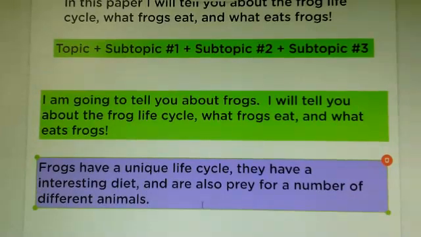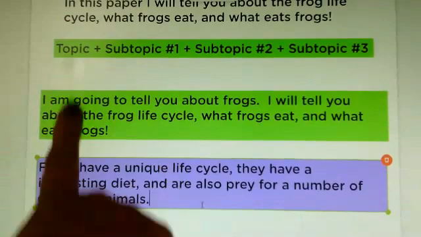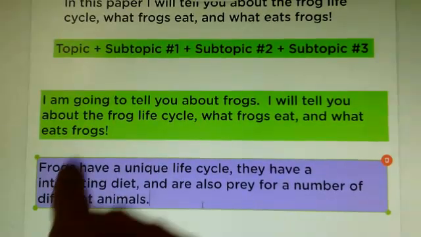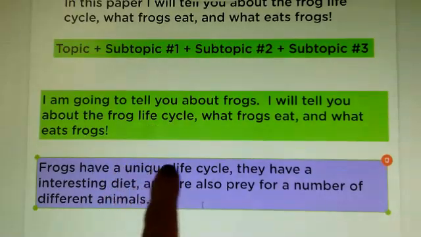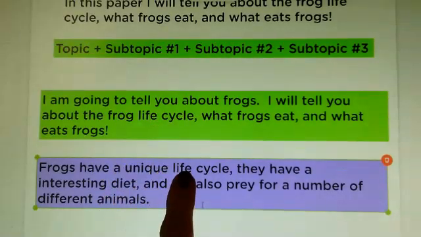All right, let's read that and see if it makes sense. Frogs have a unique life cycle. They have an interesting diet and are also prey for a number of different animals. Did I introduce my topic? Yes, frogs. Did I introduce subtopic number 1, which is the frog life cycle? Yes, they have a unique life cycle.